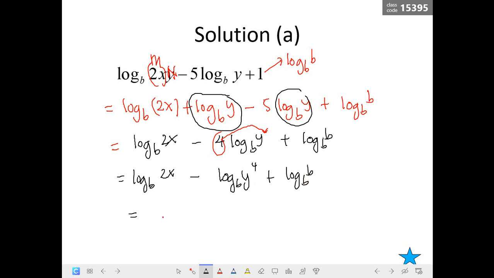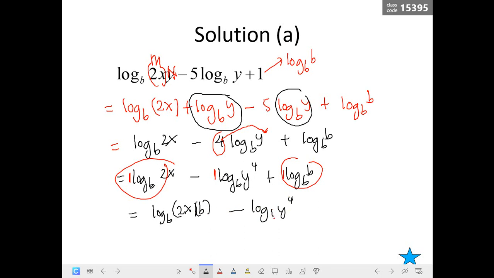And then here, when the coefficient is 1, you can combine all. Let's say this term plus this term plus this term join to log b of 2x times b, minus log y to the power 4 b.